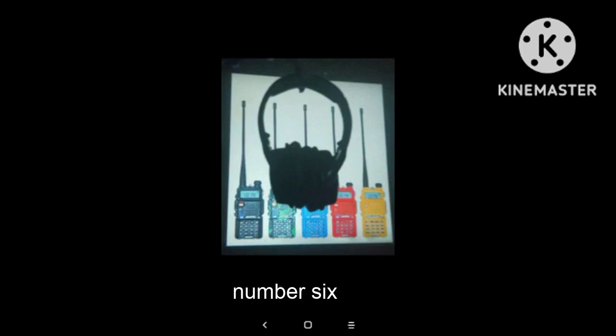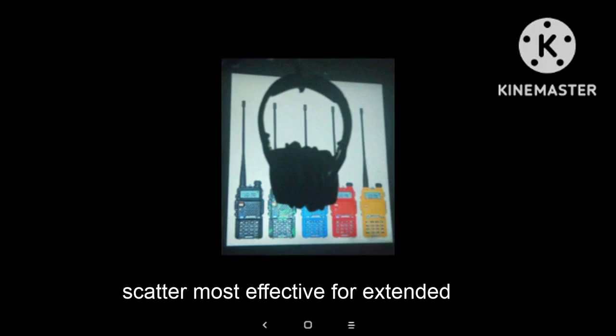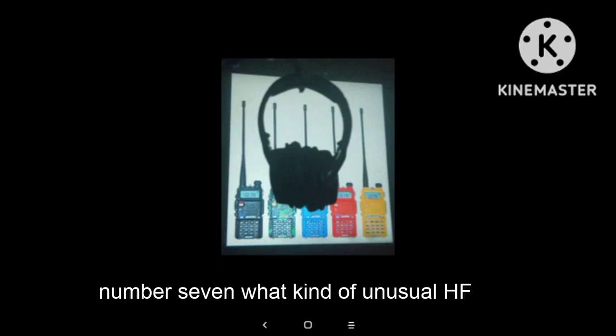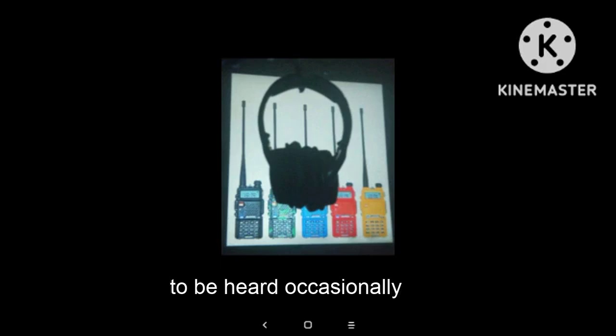Number 6. In which frequency range is meteor scatter most effective for extended range communication? 30 to 100 megahertz. Number 7. What kind of unusual HF propagation allows weak signals from the skip zone to be heard occasionally?